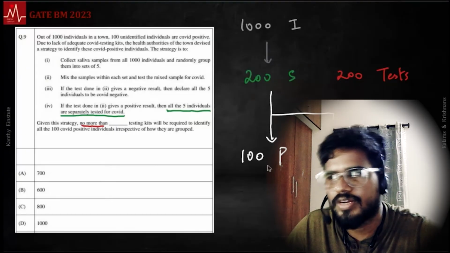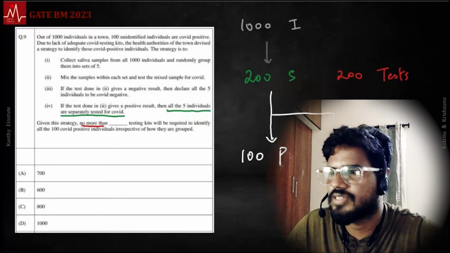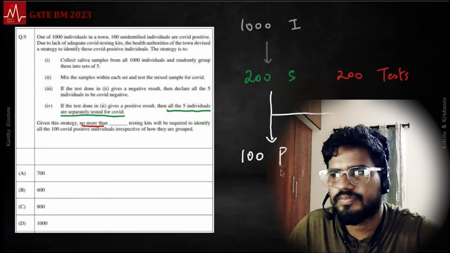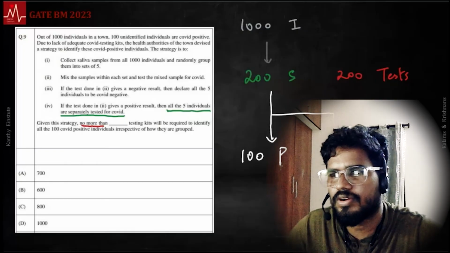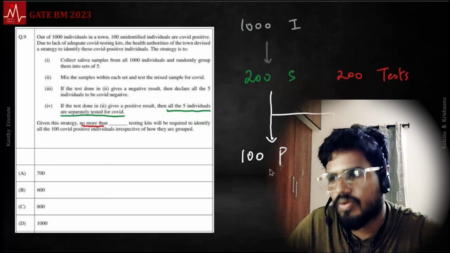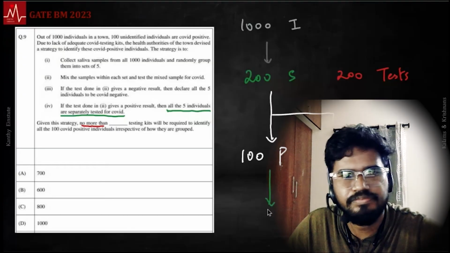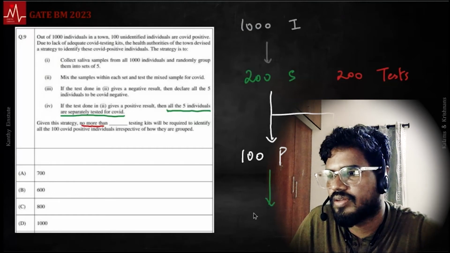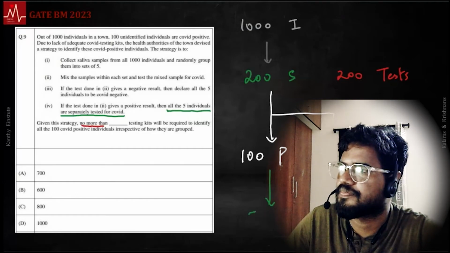Don't worry about it. 100 positive sets, there are 500 people, but you're not group testing again. Might be optimized, I don't know, but in your given strategy, you test all the people in each set individually. You do 500 tests.